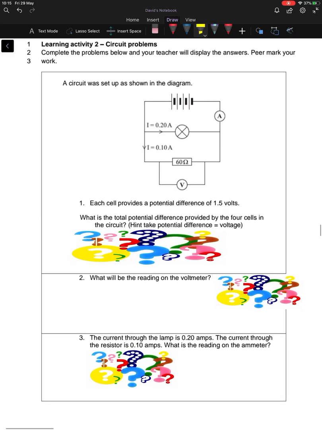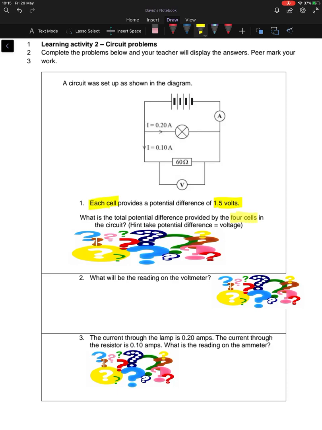So, there are 3 questions here that I'd like you to pause the video and have a go at yourself, and then we'll go through the answers in a moment. Right, you should have unpaused the video, and now let's have a little look at the answers. So, each cell provides a potential difference of 1.5 volts.